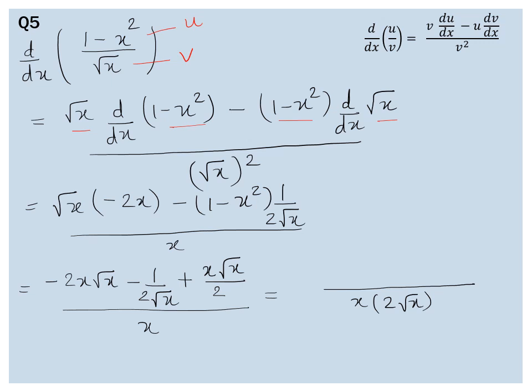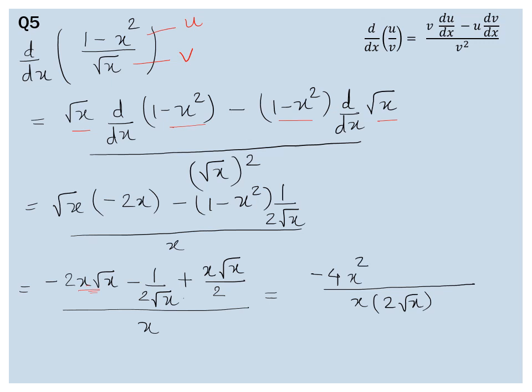So in the numerator, in the first term here, we don't have 2 root x in the denominator, so we need to multiply there by 2 root x, and 2 into 2 is 4, so it takes the value minus 4, and x root x into root x gives us x square.